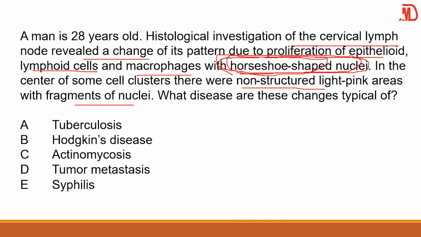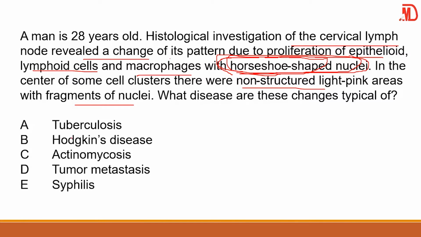But these are mainly found at the periphery, though sometimes they can be found at the center. Like in this case, they're found at the center, but mostly you can find them on the periphery. So again, horseshoe should help you with your diagnosis.